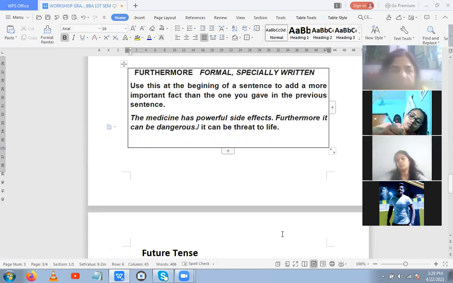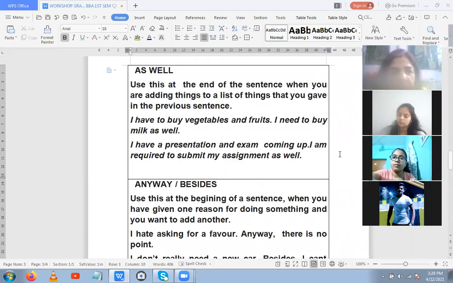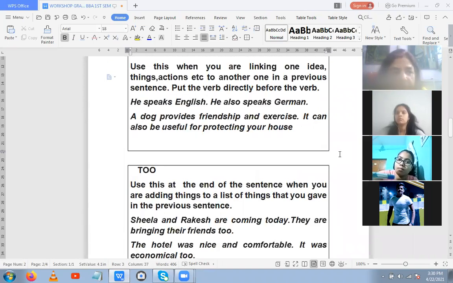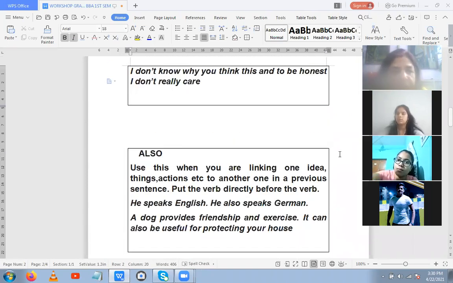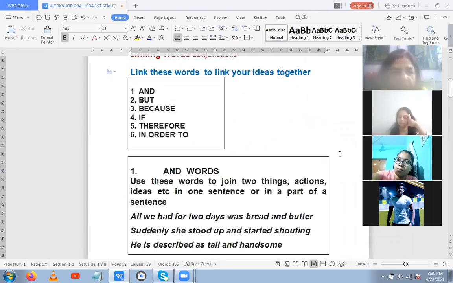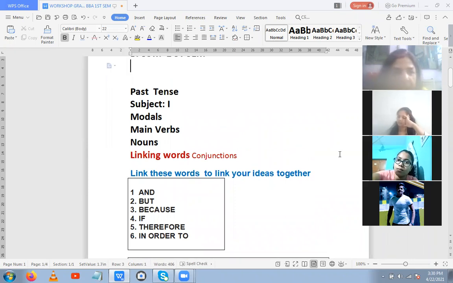Have you all understood? Yes, ma'am. Okay, now you're going to use these linking words: and, also, too, as well, furthermore, in the present and in the past tense.